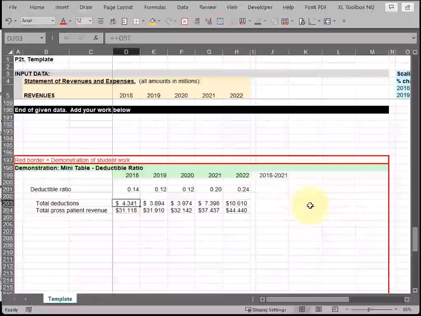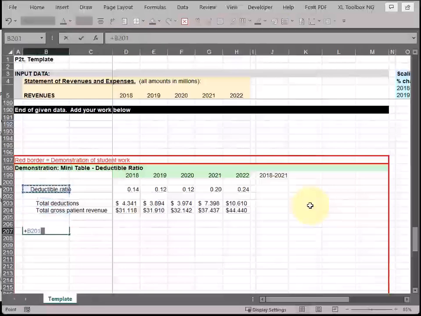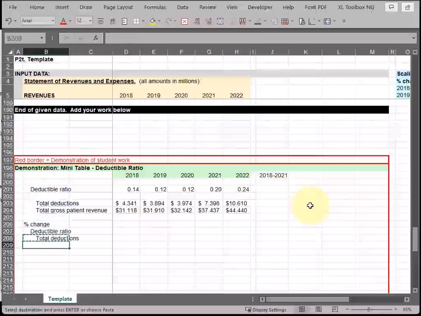So what we're going to do here is look at percent change in each one of these ratios, or each one of these numbers. To do that, first I'll bring the headings down with me. I'm going to look at the deductible ratio, and then I'll look at the deductions and the gross patient revenue.